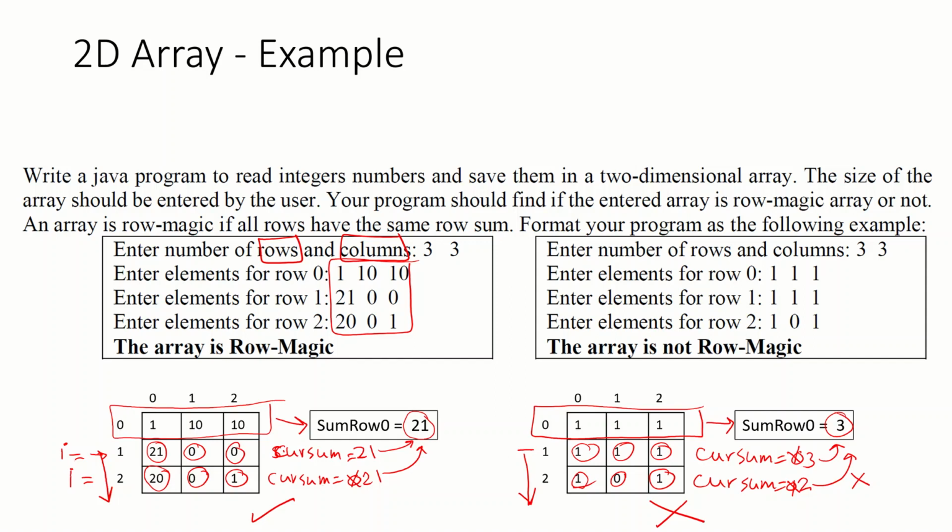Always remember the first row is located at row 0, and then you will have to go for each column in your array. If all of the rows have the same summation as the first row, then you have to mention a message, this is a row magic. If they do not have the same sum, we will mention this is not a row magic.